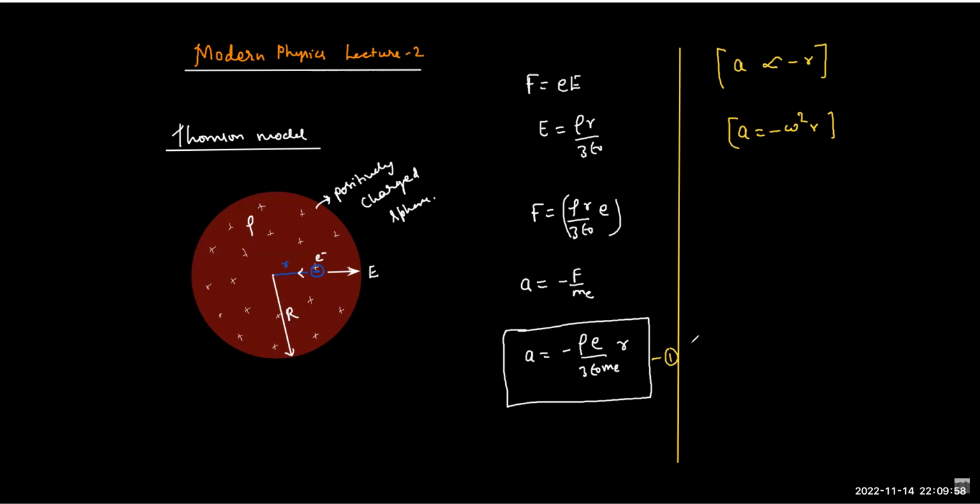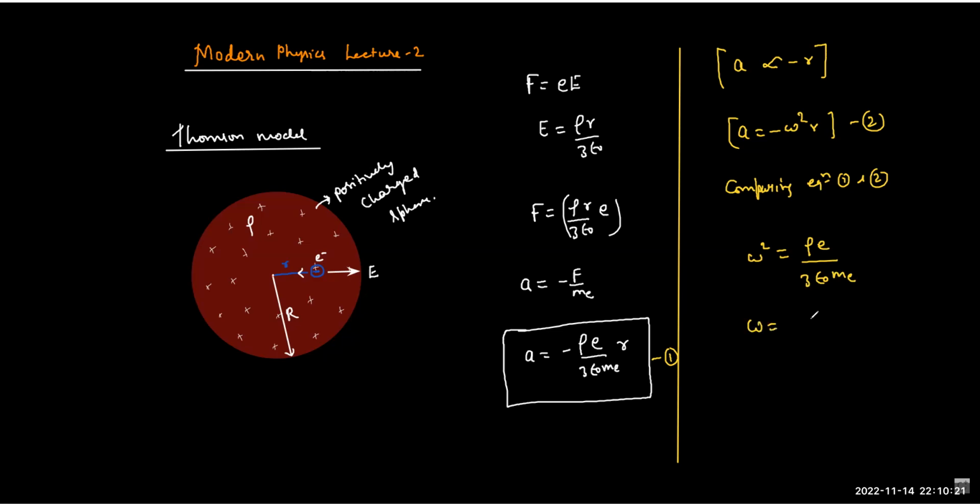So if I call this equation 1 and this equation 2, if we compare, comparing equation 1 and 2, the omega square we can write as rho e upon 3 epsilon naught m.